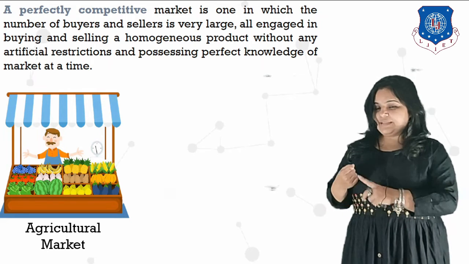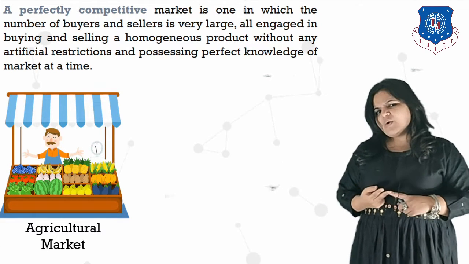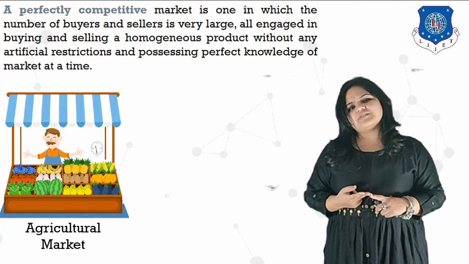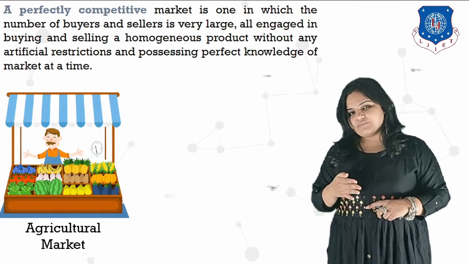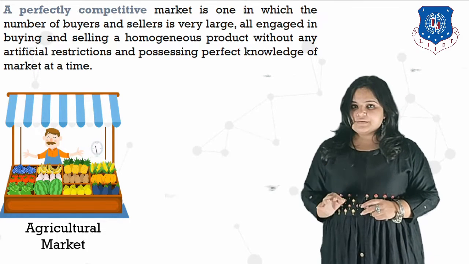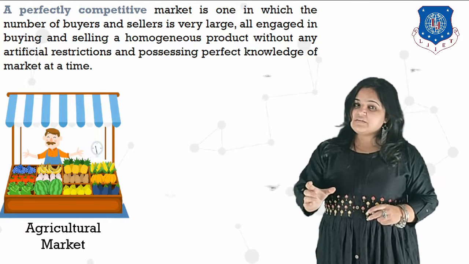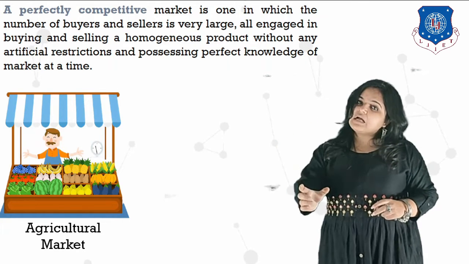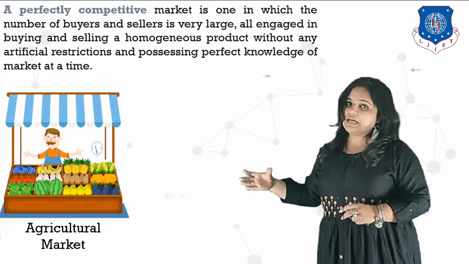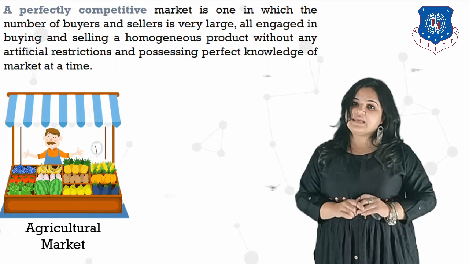So there is a large number of buyers, a large number of sellers. What is meant by large number, students? 5,000, 50,000, 50 lakhs? What is a large number? Here, large number means a single seller entering into the market or leaving the market does not impact the remaining market.